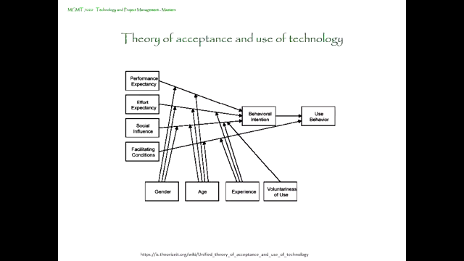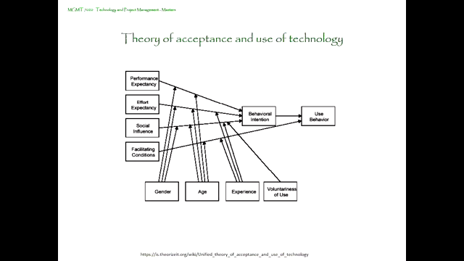Technology acceptance. This is another theory around technology, about its acceptance by people. What this diagram says is that the boxes refer to, or the outside boxes refer to factors that influence the intention of somebody to act and what they actually do.